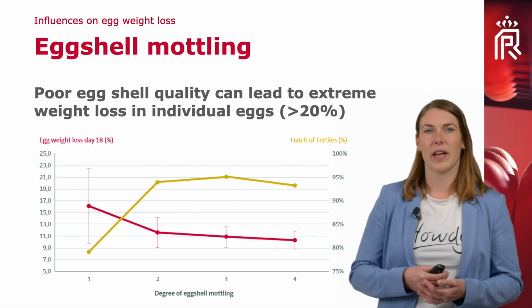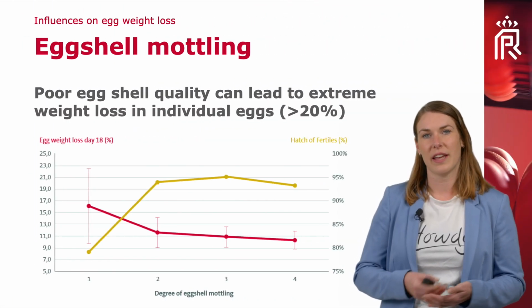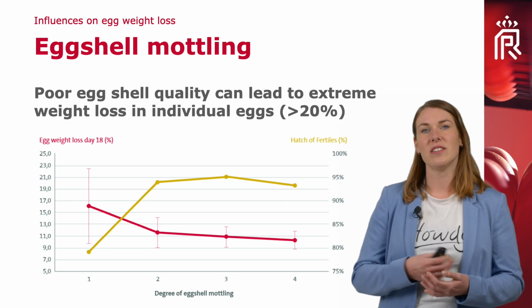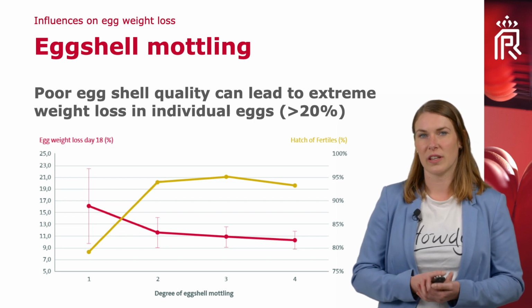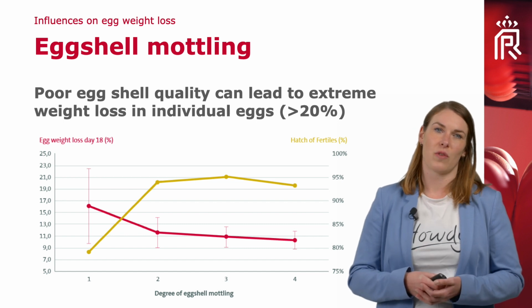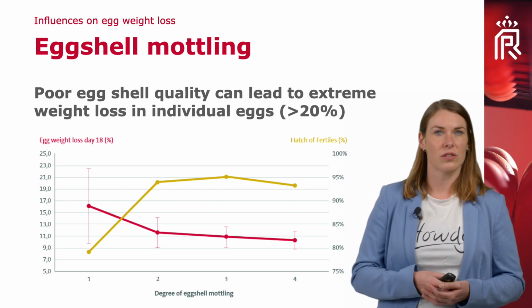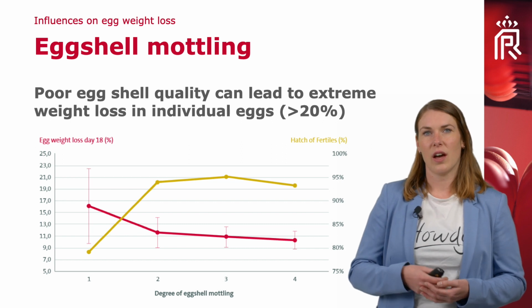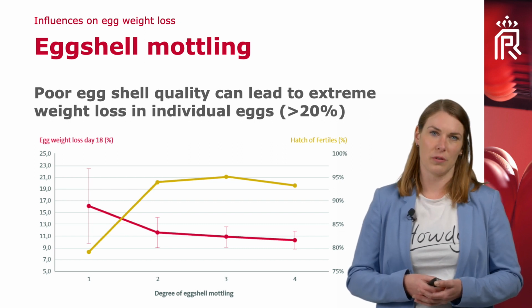Now this is actually a very nice trial that a colleague of mine did. She looked at the eggshell quality, specifically the eggshell mottling, and how this can lead to extreme water loss in individual eggs. So if we take a look at this graph, we see the egg weight loss over 18 days, and we also see the hatch of fertile.